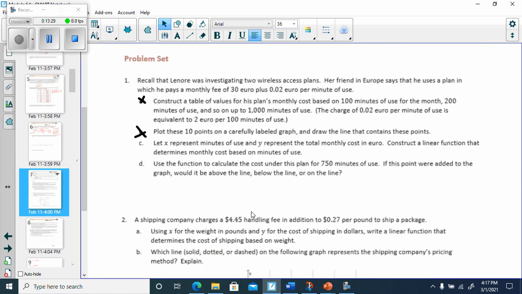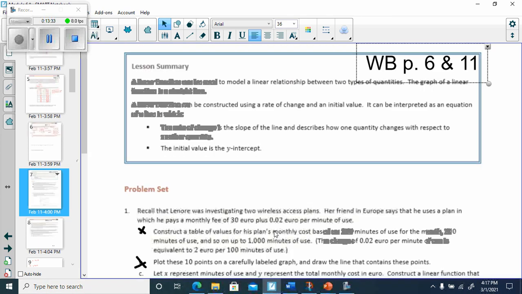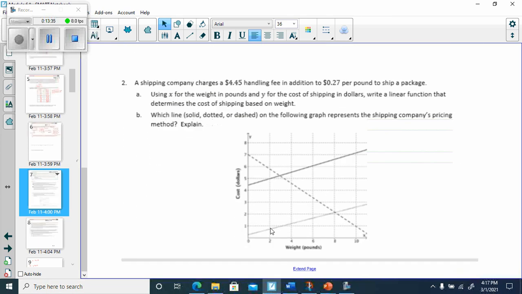Okay, let's look on page 11, number 2. A shipping company charges $4.45 handling fee in addition to 27 cents per pound to ship a package. Okay, they want the equation. Y is equal to mx plus b.